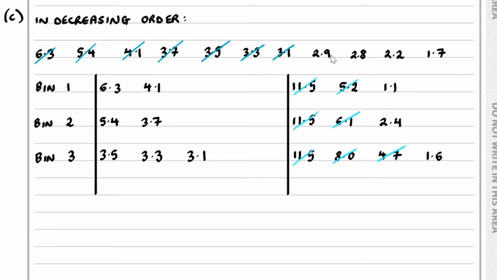Let's take a look at the 2.9. There's not enough space in bin 1, there's not enough space in bin 2, there's not enough space in bin 3. So we will have to open up a new bin, bin 4, and we place the 2.9 into bin 4, which would leave a space of 8.6.